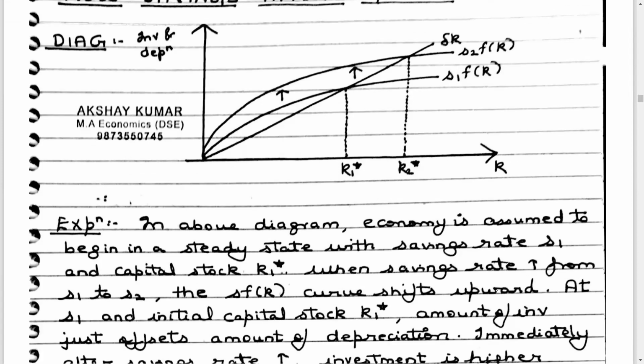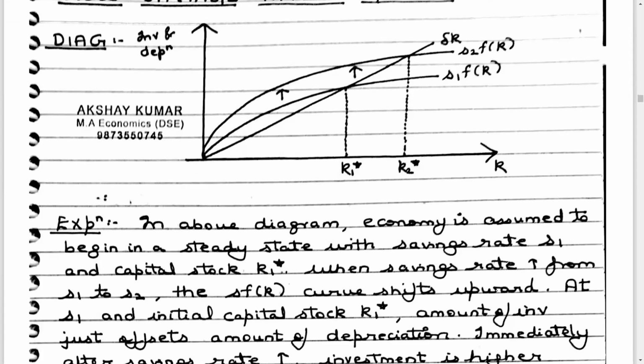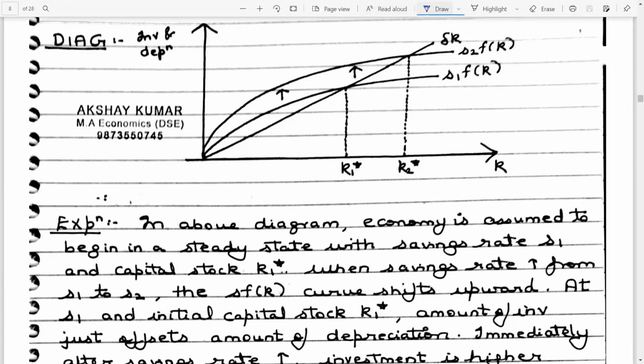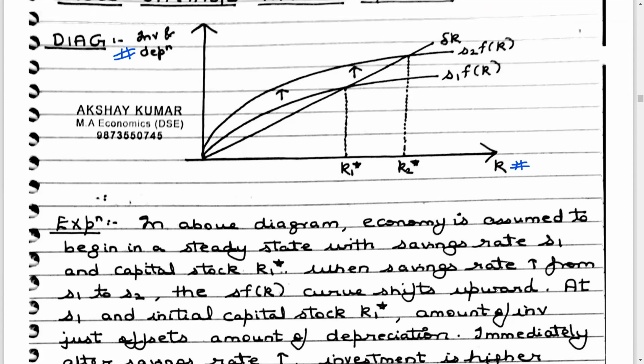So you can see the diagram on your screens. On the horizontal axis, we have the capital stock per worker, and on the vertical axis, we measure investment and depreciation. You can see the initial savings curve. Suppose my savings rate is S1, then my savings curve is S1 times f of k.